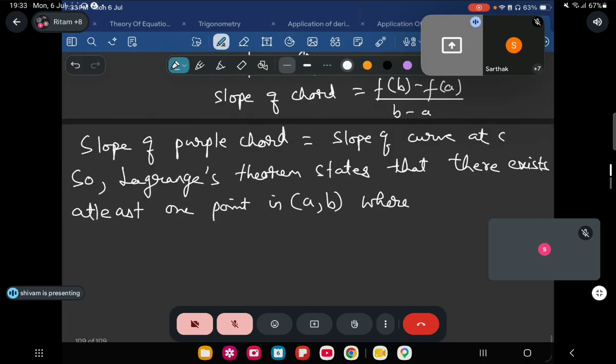It means you are accelerating and then you're putting on brakes. Okay, somewhere in between you will definitely cross your average. Are you getting?